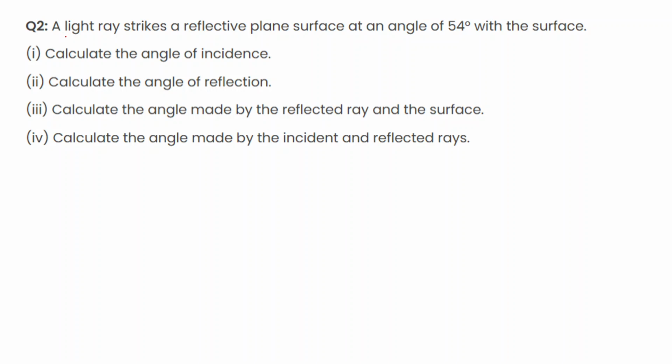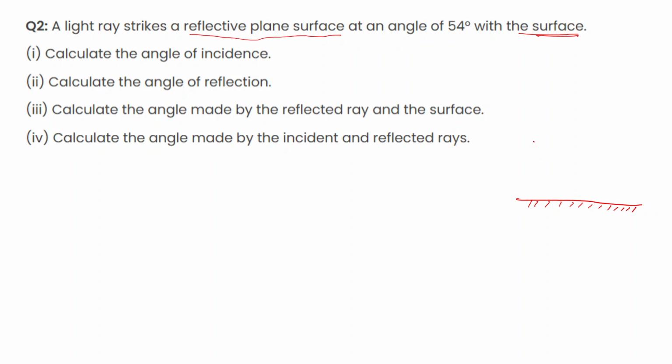So the question is, a light ray strikes a reflective plane surface at an angle of 54 degree with the surface. Let's make a diagram as per the question. We have a reflective surface. One side will be polished so that the other becomes a very good reflecting surface.